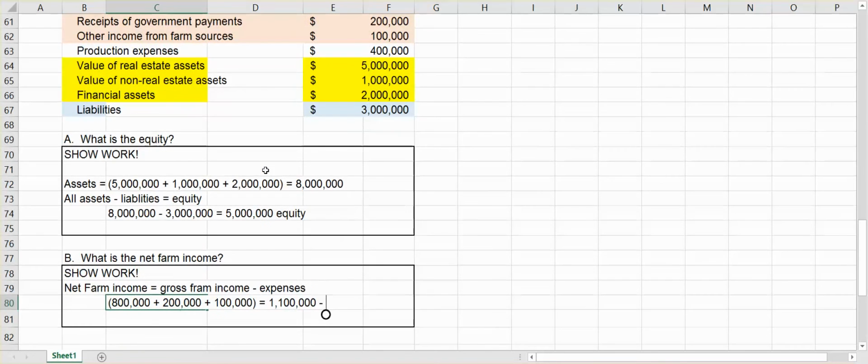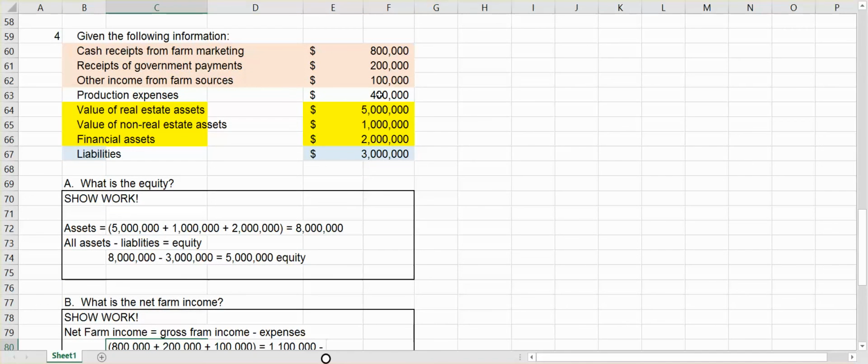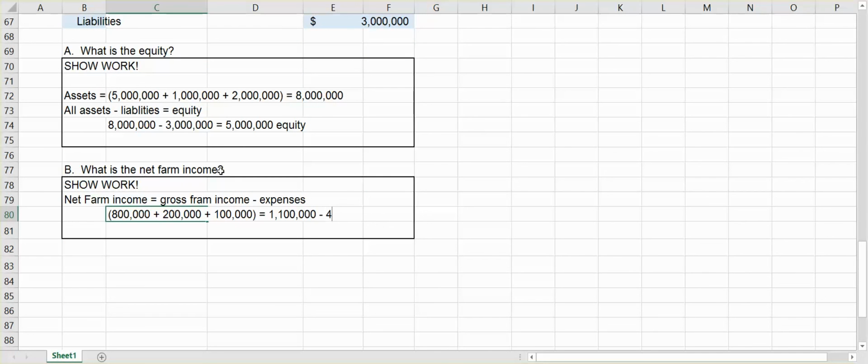Now I need to subtract out the expenses. Here left in white, it says production expenses are $400,000. So $1,100,000 minus $400,000 leaves me with $700,000, and that would be my farm income.